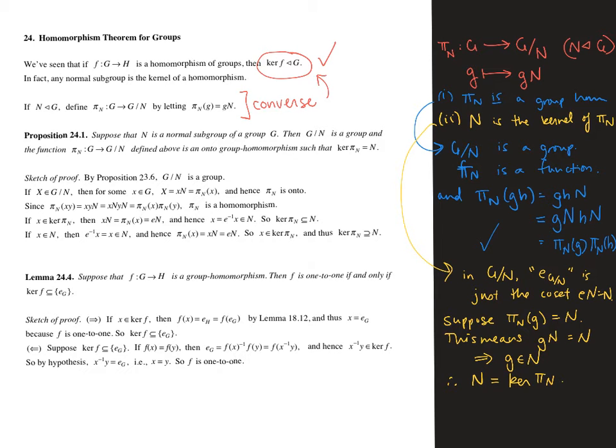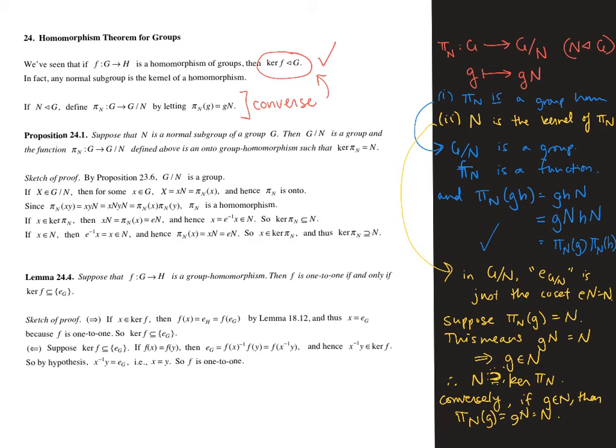So what we showed was that the kernel is contained in there, but conversely, for the other inclusion, if g is in N, then π_N of g is gN, and that's the same as the coset N. So we do get equality. That takes care of the other inclusion in this step right here.